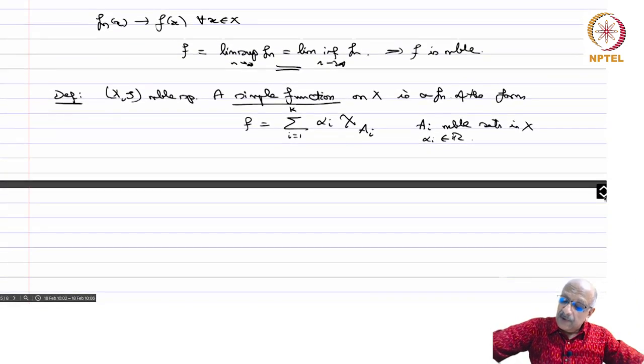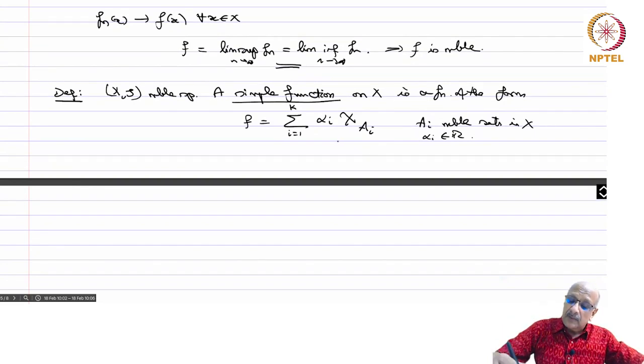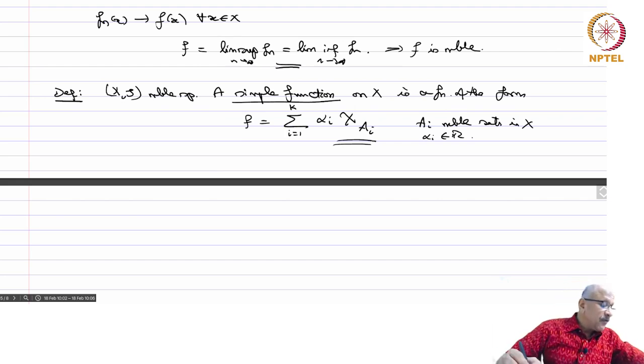When we say simple function, it's automatically measurable because of the example where we saw chi of A is measurable if and only if A is measurable. These simple functions are the building blocks of integration theory. Lebesgue's integration theory starts with defining the integral on simple functions and then going on to non-negative functions, general functions, and so on.